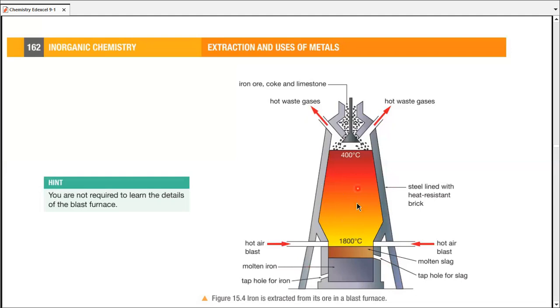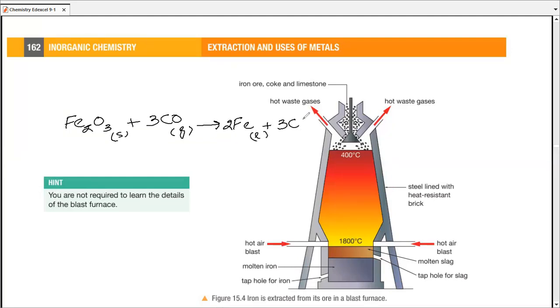Now, this is where the whole burning occurs, and this is where the iron ore, which we have been calling Fe2O3 in the solid form, is reacting with three molecules of carbon monoxide, which is a gas, which produces for us iron, pure iron, as actually a liquid, and it also gives us three molecules of carbon dioxide as a gas.